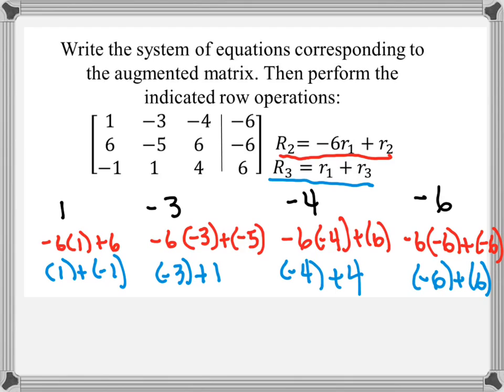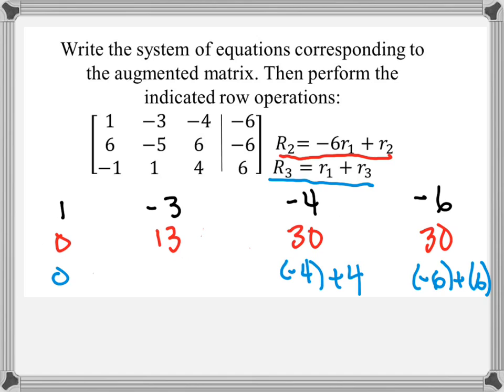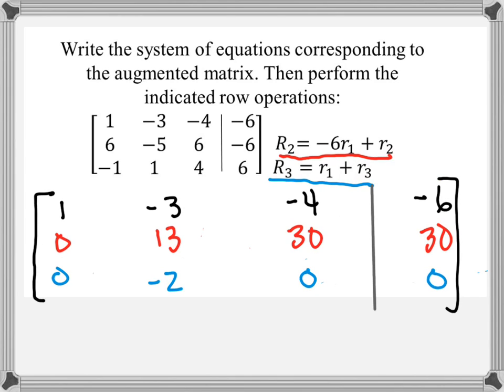And now simplifying, that second row becomes 0, 13, 30, 30, and our third row becomes 0, negative 2, 0, 0. So this is our resulting matrix.